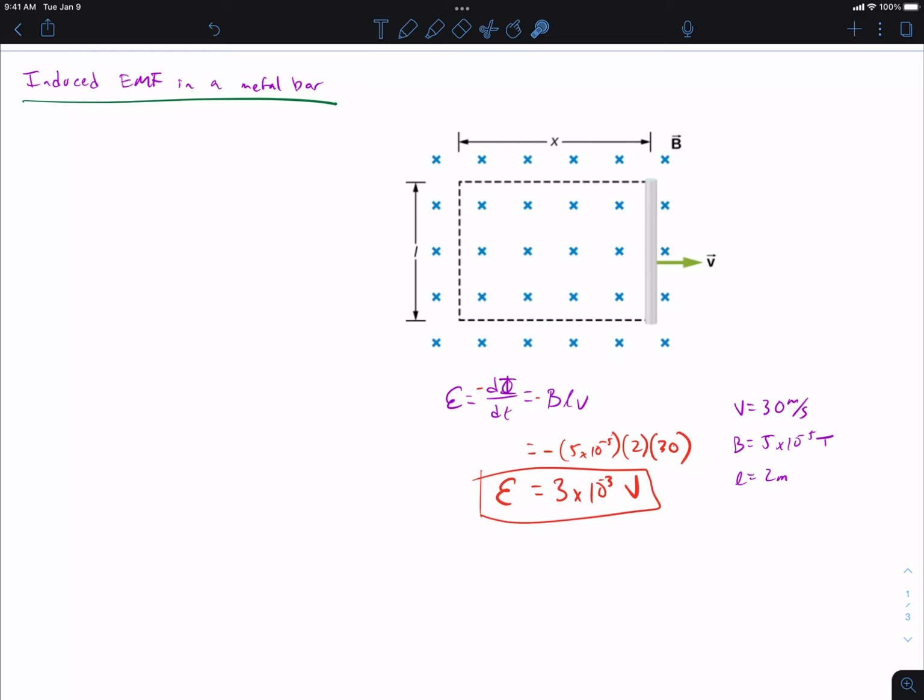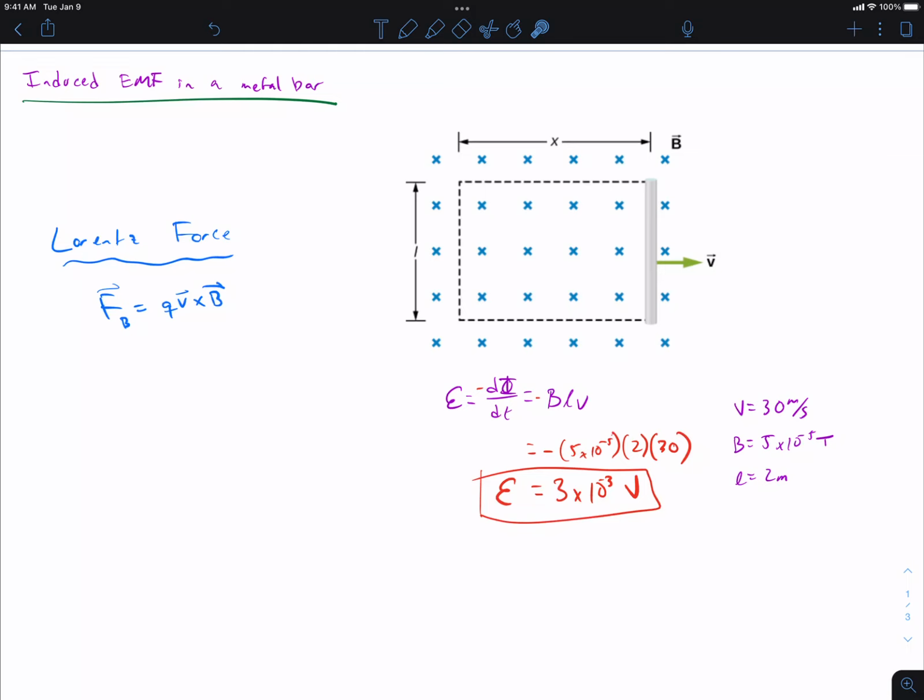If you remember my Lorentz force from part 2 of the course, this is the force on a charge in a magnetic field, and it was Q V cross B. So pretty much if I have a charge in a magnetic field, then based on the speed and the charge, I will generate a force.